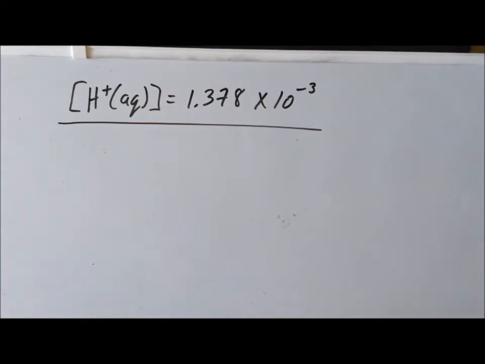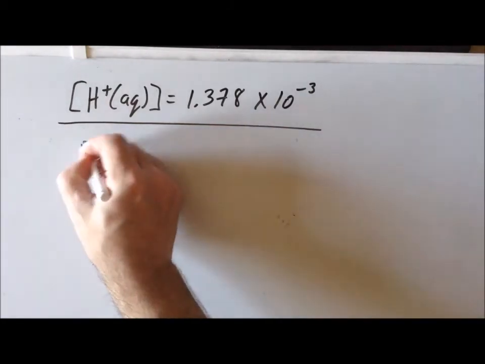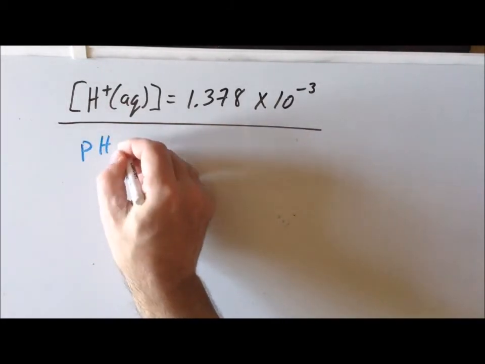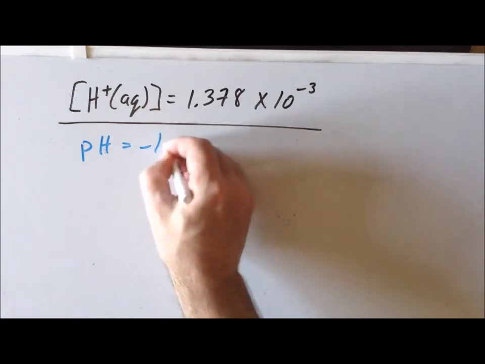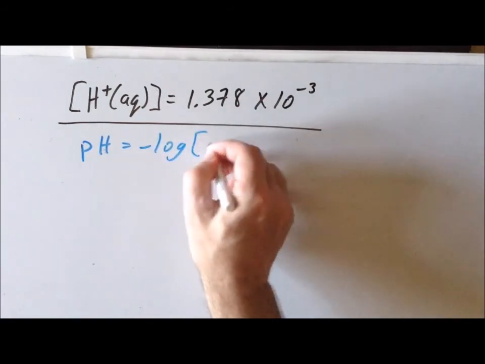With the calculation of the hydrogen ion concentration, we are halfway to our final goal of determining the pH of the solution. Now we would like to use the definition of the pH, that the pH is the negative log of the hydrogen ion concentration.